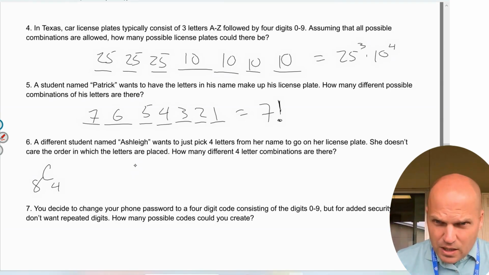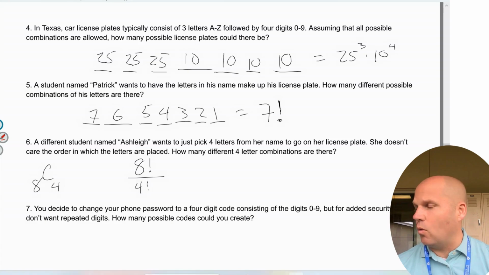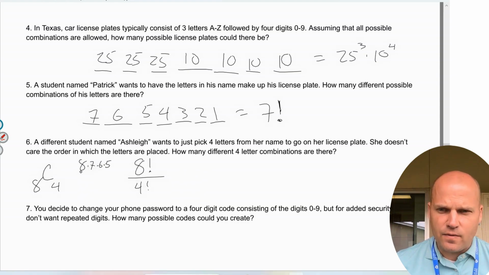So that's going to be the 8 factorial ways for the 4 spots. So I have 4 spots that I don't want that I'm going to remove. So that's 8, 7, 6, 5, and I'll remove the 4, 3, 2, 1.